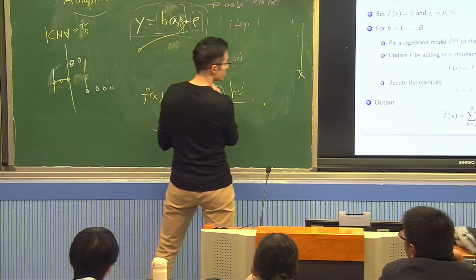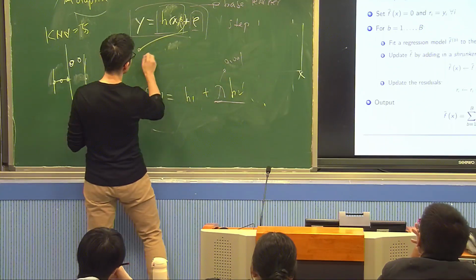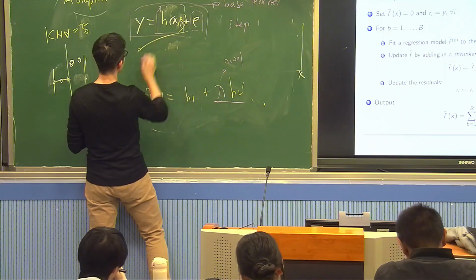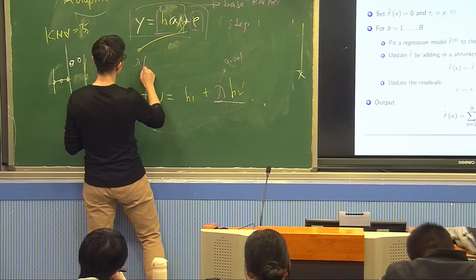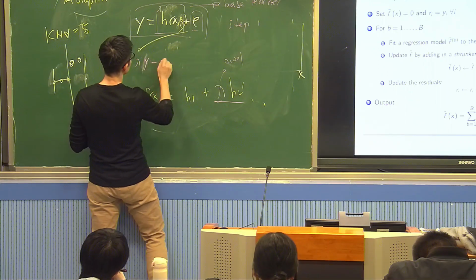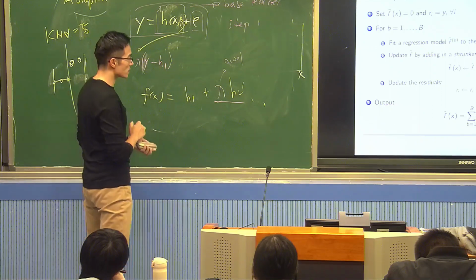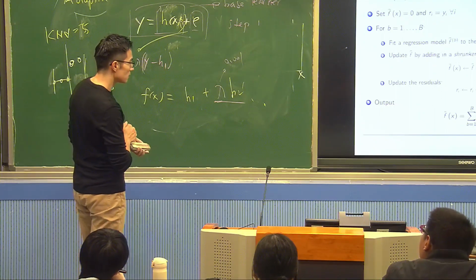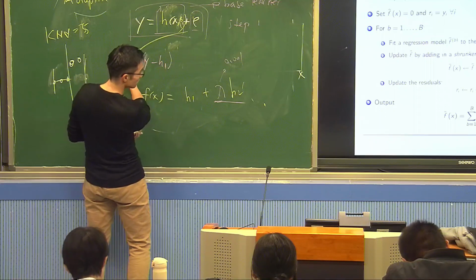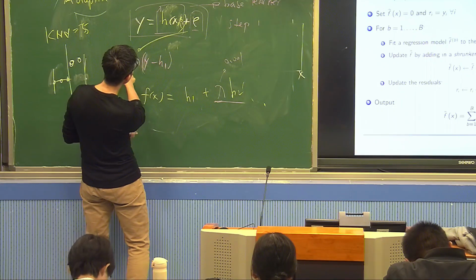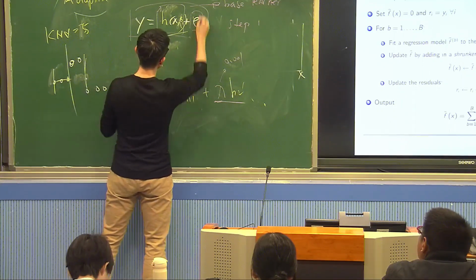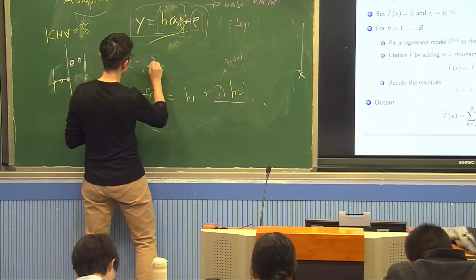Actually, yes. So when you see the lambda, the residual is y minus lambda h1, and so this total residual E has to be E minus lambda h1.